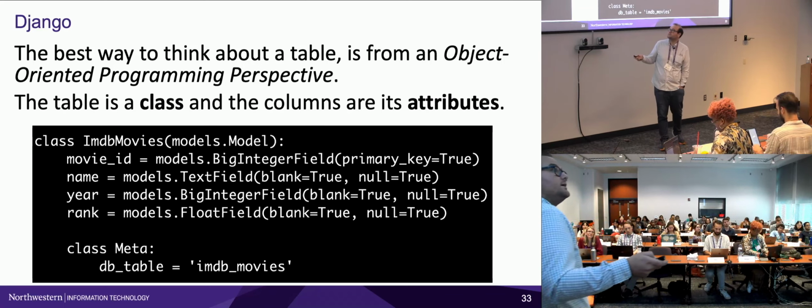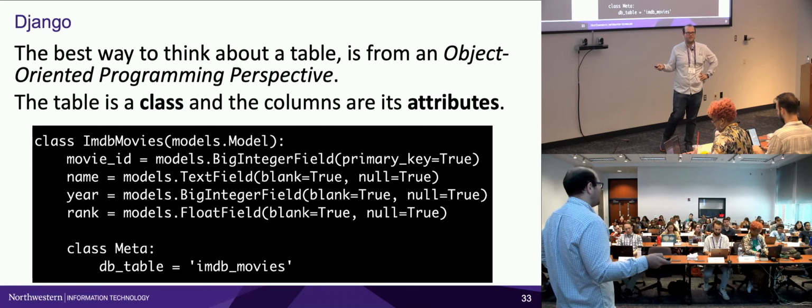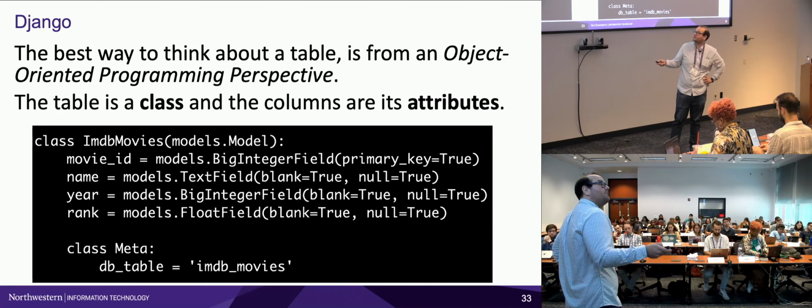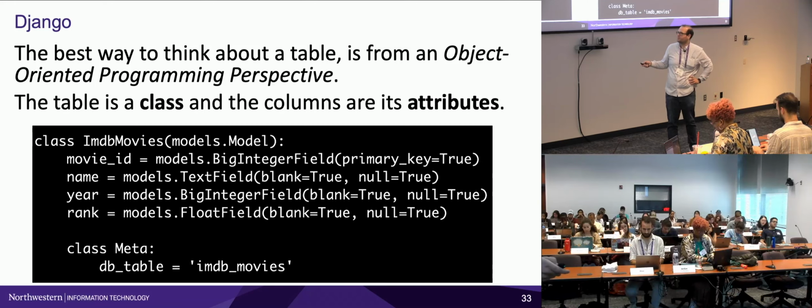So here, instead of figuring out how to make a table inside of a database using SQL myself, I just say, I have a class called IMDb Movies. It is going to have column movie ID with this type, column name with this type, column year with this type, and column rank with this type.